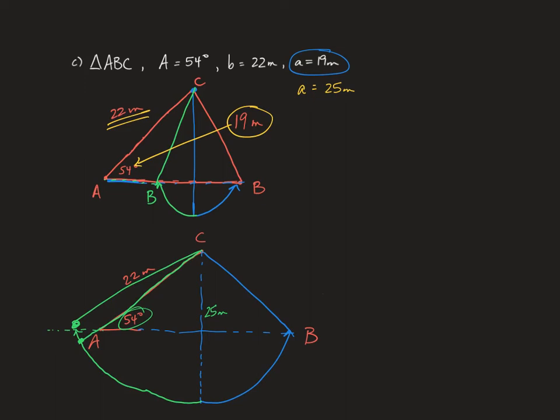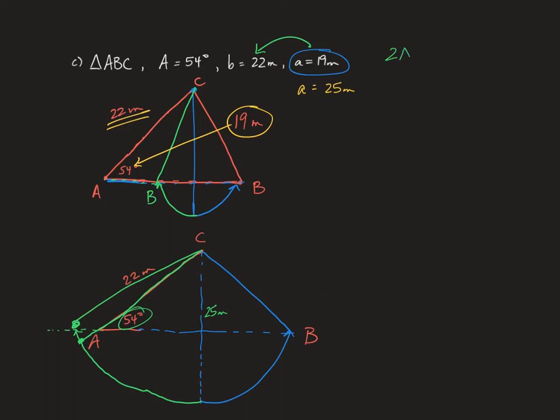You have to take a look at the given information. If I am given two sides and one angle, and one of those sides is the corresponding side of the given angle, then I need to compare it to the other side. So, when I took a look originally, side A is the corresponding side. It is smaller than the other given side.